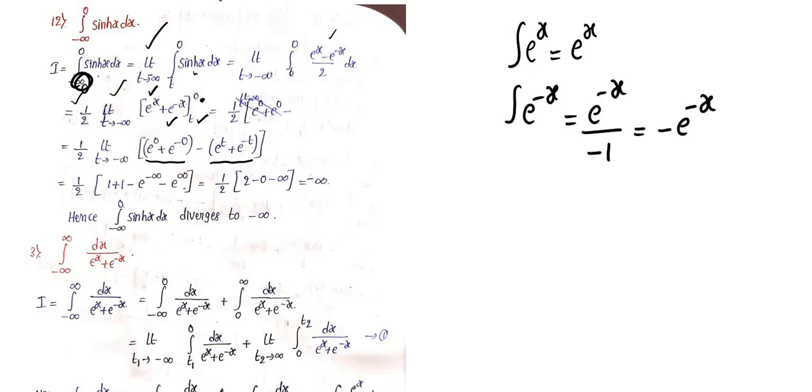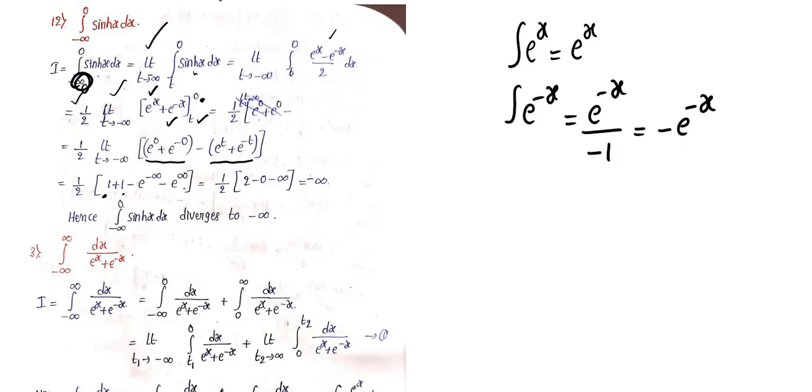This is the term I get after substituting x equal to t. Now I know the values of e power 0 and e power minus 0, those are equal to 1 and 1. That's why I am getting 1 plus 1.